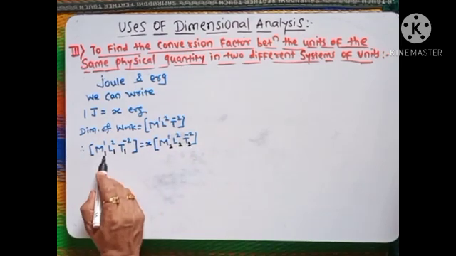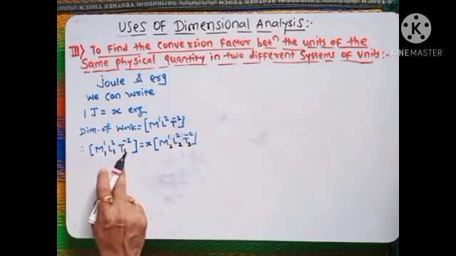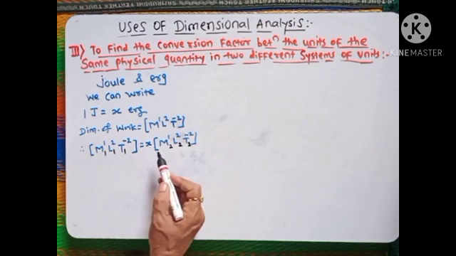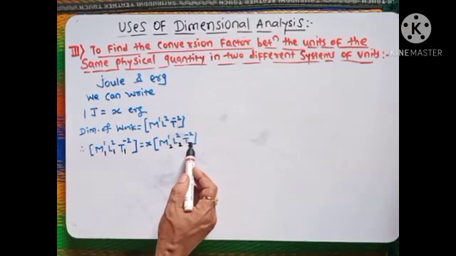M1^1 L1^2 T1^-2 is for joule, the MKS system, and which is equal to x, which is unknown, times M2^1 L2^2 T2^-2.